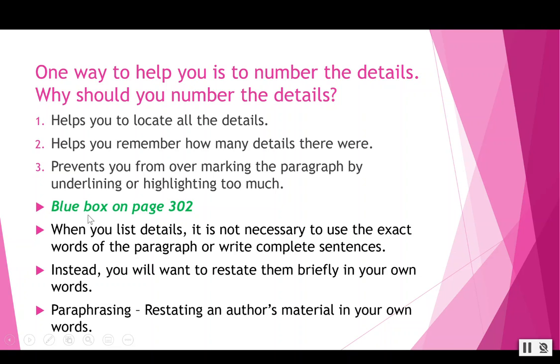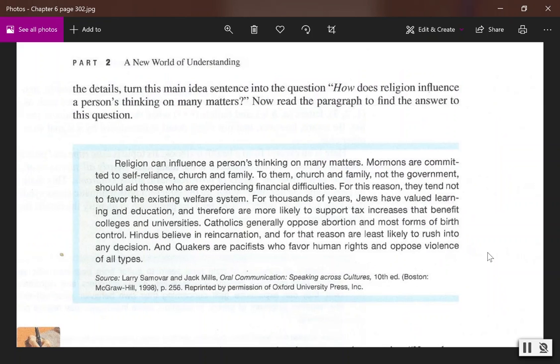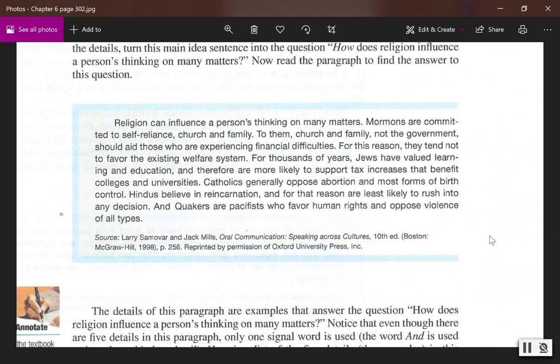Let's take a look at the blue box on page 302 of our textbook. Alright, it reads, "Religion can influence a person's thinking on many matters. Mormons are committed to self-reliance, church, and family. To them, church and family, not the government, should aid those who are experiencing financial difficulties. For this reason, they tend not to favor the existing welfare system.